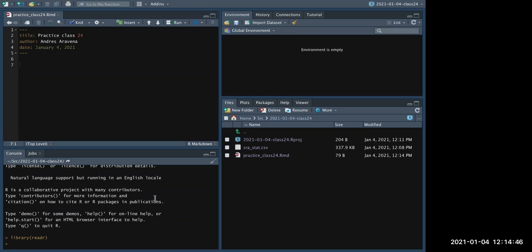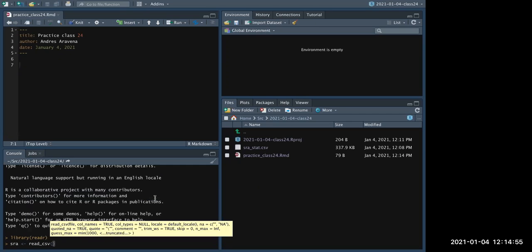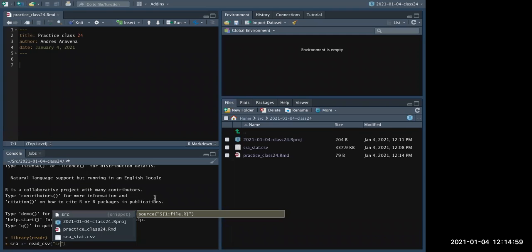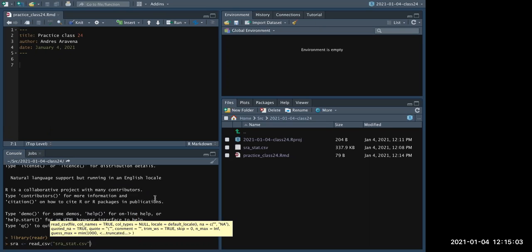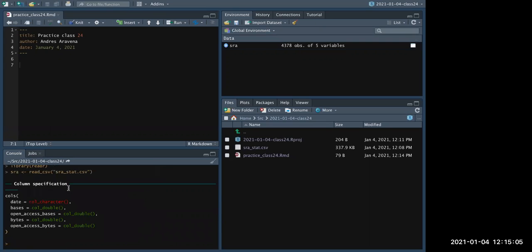Second, SRA will be the result of read_csv applied to the SRA data, SRA statistic. I press tab to get this listing. Okay, this will be fine for now. We can do something nicer later, but for now it is fine.